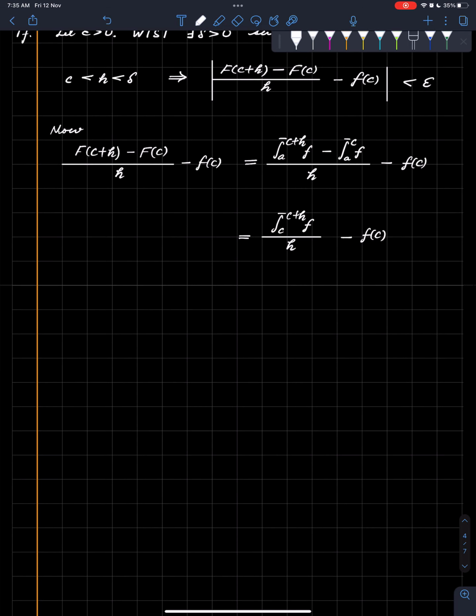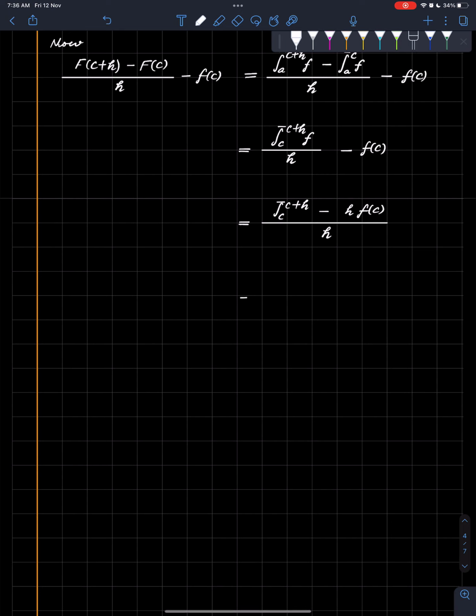Okay, we have that much, but now we have this upper integral minus h times f of c, divided by h, and here we'll play a little bit of a trick. Sorry, I forgot to write the f. Here we have an f.